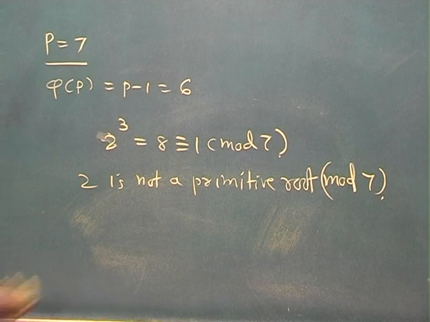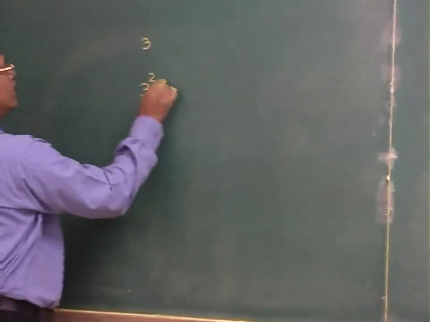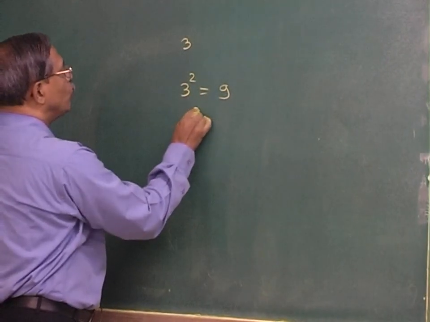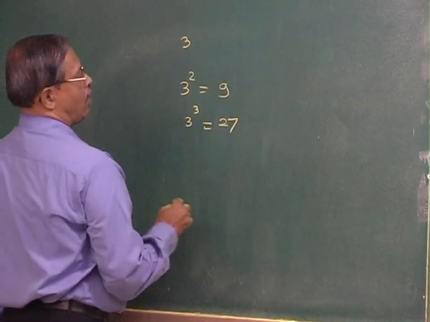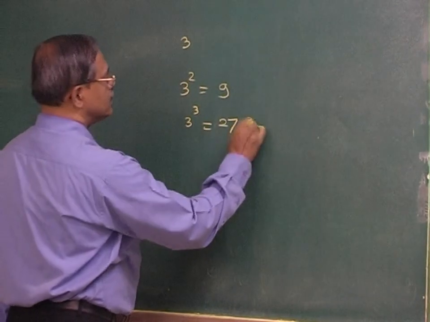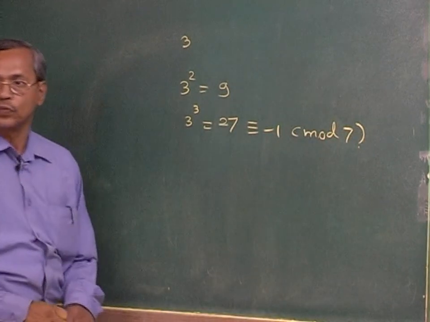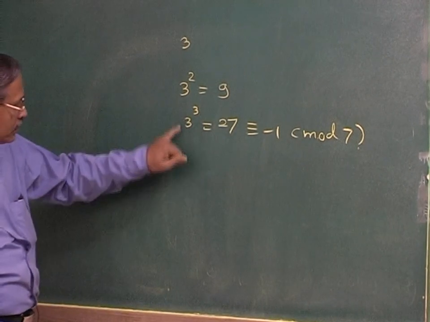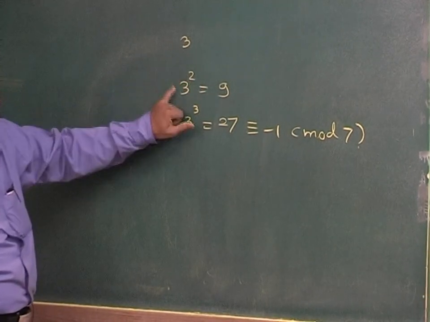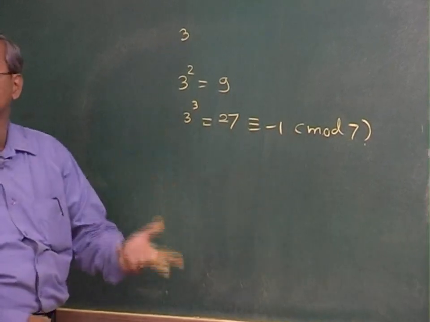But something else can be. So take the number 3. So what is 3 square? It is 9. 3 cube is 27. And this is congruent to minus 1 mod 7. See that you don't have to calculate higher powers. 3 is not 1, 3 square is not 1, 3 cube is not 1, so the order is neither 1 nor 2 nor 3, so it has to be 6.